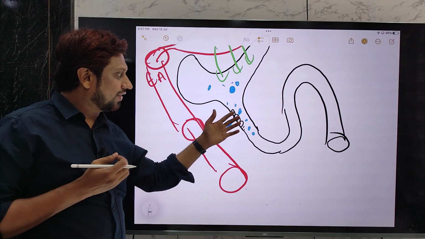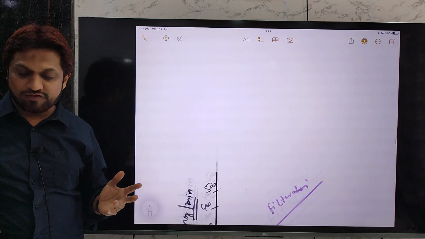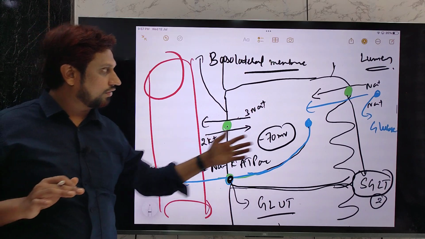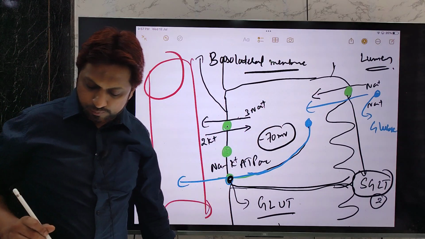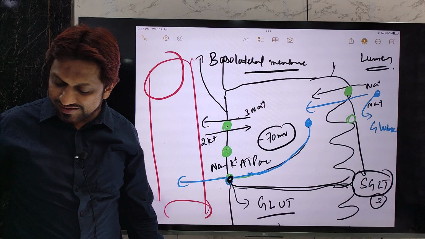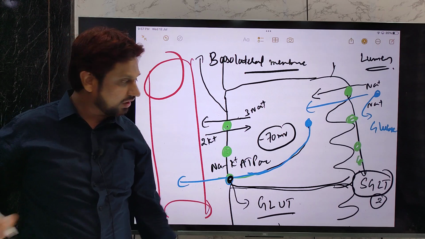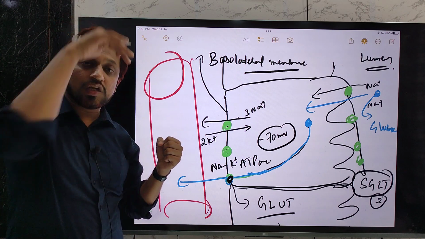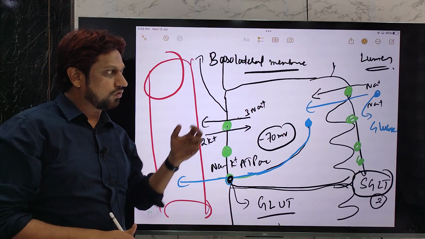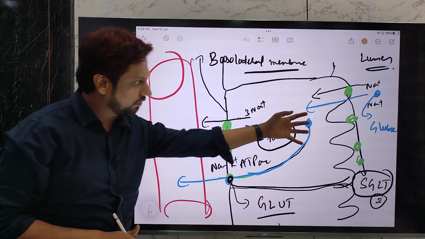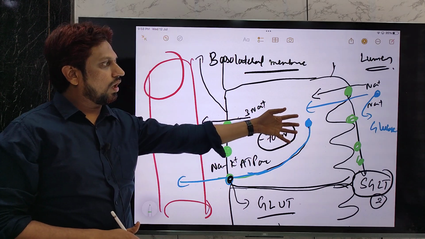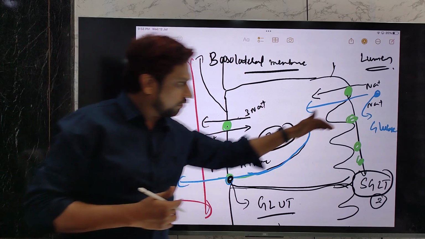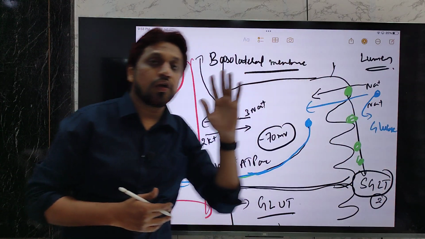Why? Because the carrier proteins, these sodium glucose transporters, get saturated. They have the capacity to carry just around 100 or 200 glucose molecules. If there are 300 or 400 milligram per deciliter, then it may not reabsorb all of the glucose back into the blood. So some amount of glucose will now come into the urine.